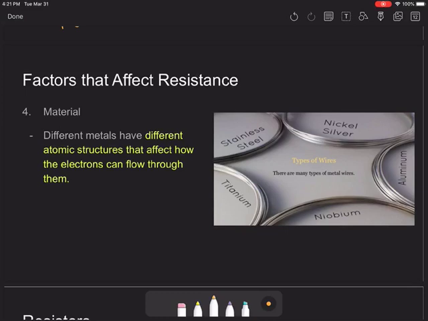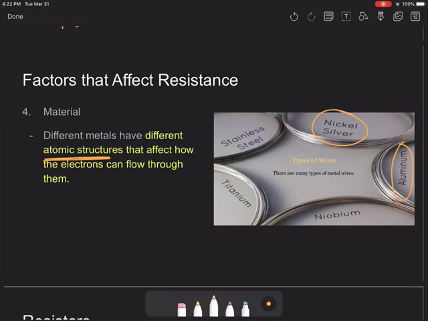Just because of the shape of those metals, if we think about their atomic structures, what an atom of that metal looks like, each atom is going to be a little bit different, and that's going to affect how the electrons can flow through them. So if you're thinking about things like nickel or aluminum on our periodic table, they're going to have a number of protons and a different number of electrons, so they're going to have a different atomic structure, and that different atomic structure affects how the electrons move through.